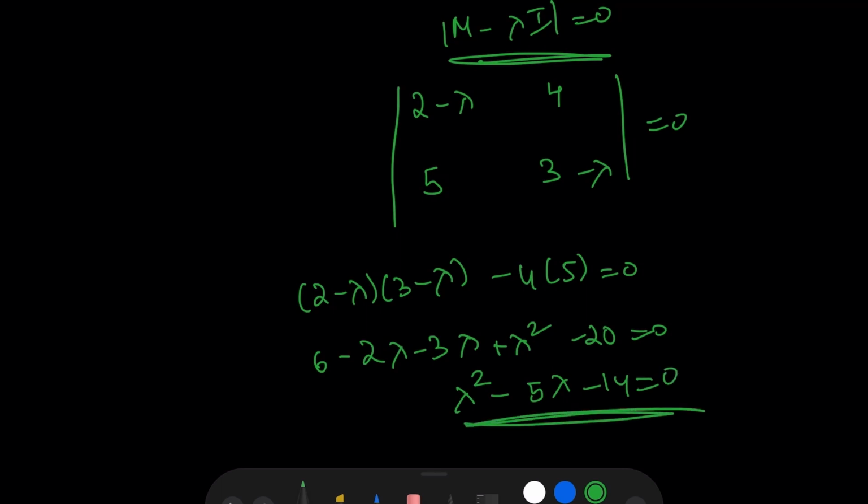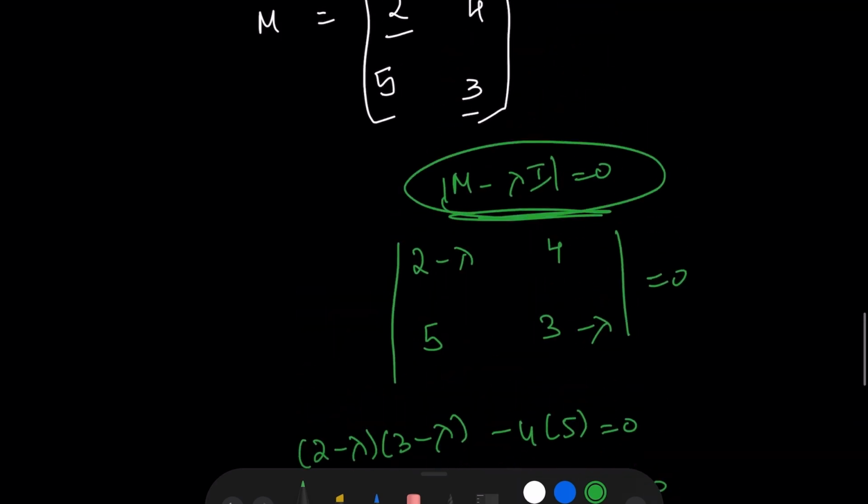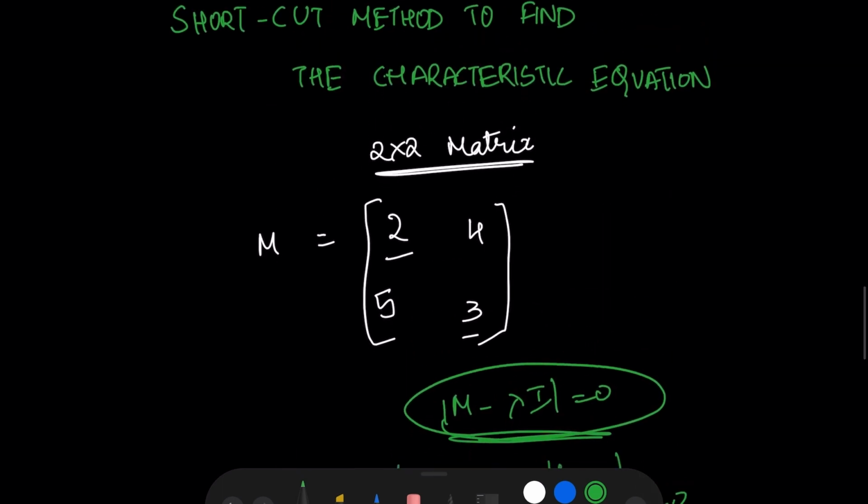So this is the characteristic equation, and we have found it by using this formula or this method. Okay, so now I'm going to tell you a shortcut method where you can actually tell the characteristic equation by just looking at the matrix, right?